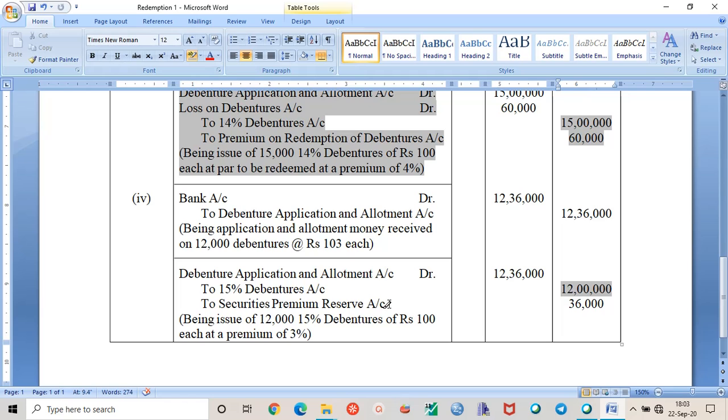The first entry will be bank account debit to debenture application and allotment account, 12,000 into 103. Why 103? 100 is the full face value plus 3 is the securities premium amount. Now when you transfer the amount, this rupees 3 will be transferred to securities premium reserve. So 3 into 12,000 is 36,000. This is your last entry for case number four.